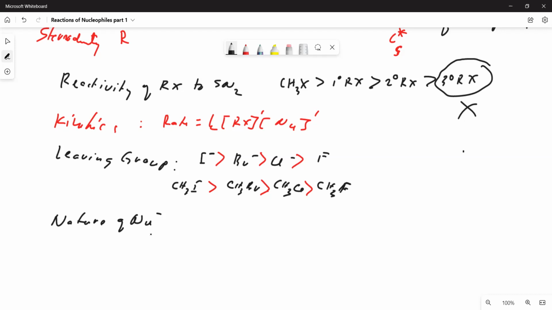And the faster it will attack, the faster would be the replacement of the halogen. So in SN2 reaction, the nucleophile should be very good. But first, in order to assess the strength of the nucleophile, you should be able to differentiate the term basicity and the term nucleophilicity.